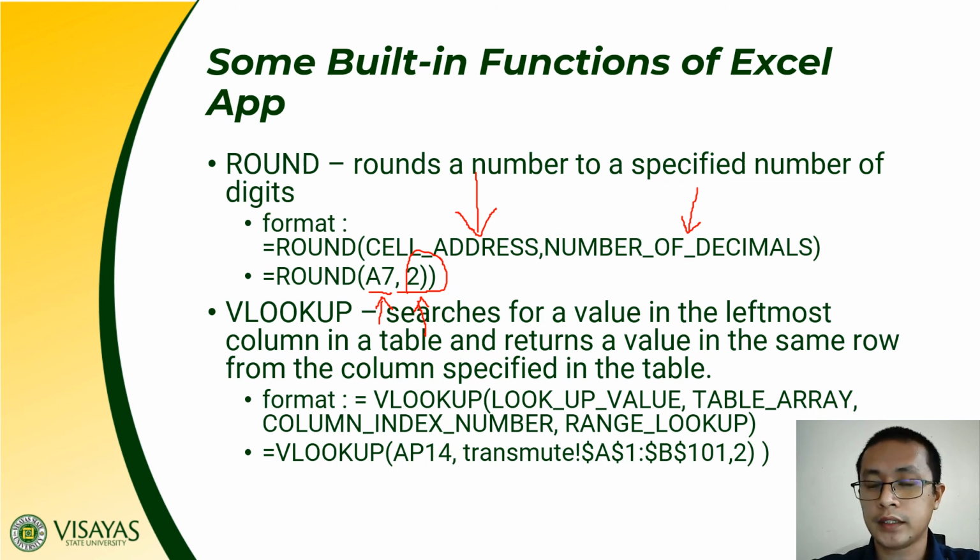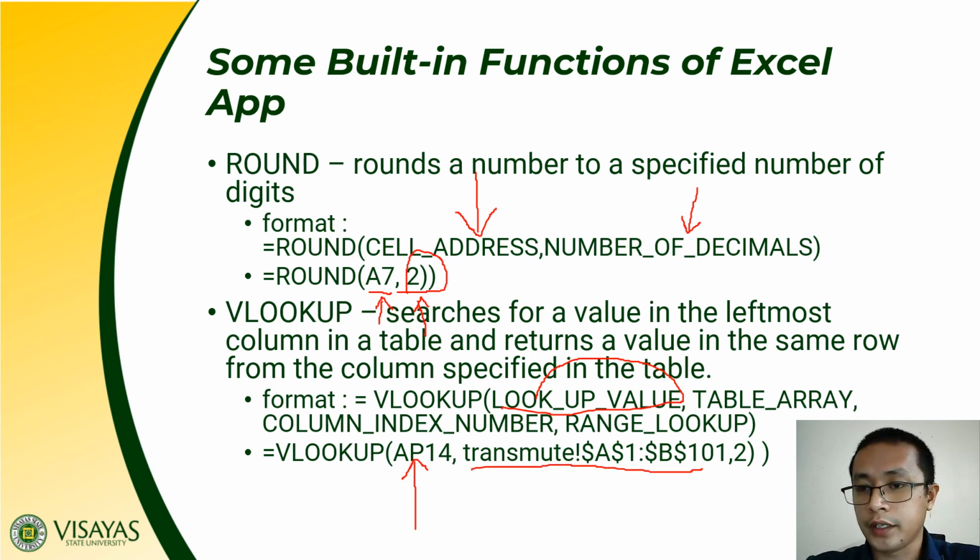In this case, the lookup value is the actual cell address where you want to locate its value in your table array. So this is your table array. Transmute is your worksheet name. Then $A1, then $B1. This is now our table array.